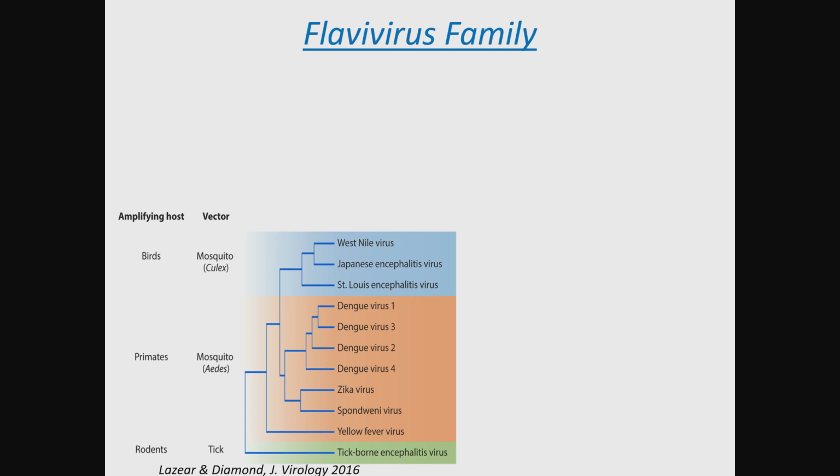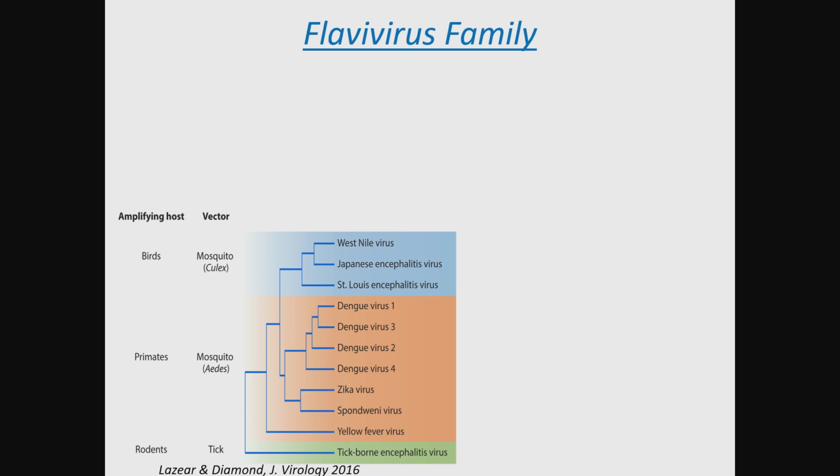And up here on the top, these viruses can be transmitted through a number of mosquito species. These mosquito species determine the geographical range of these viruses. For example, West Nile virus is carried by the Culex species of mosquitoes, and this mosquito species can be found at higher latitudes. This is why we have West Nile virus up where I live in Chicago.